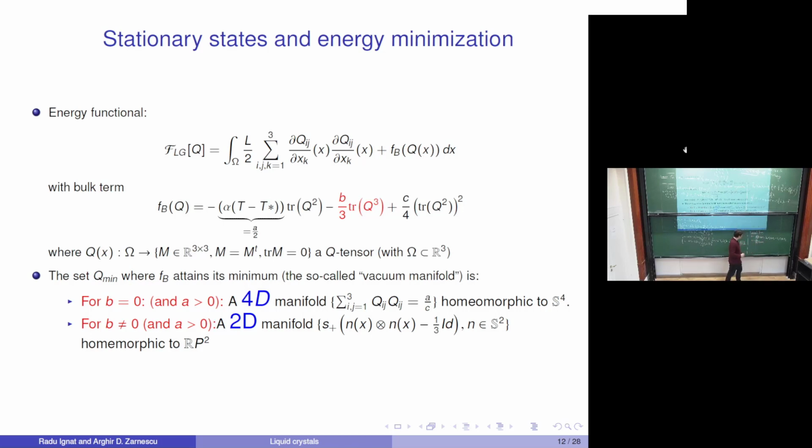So if you have two equal eigenvalues, you play a bit with these two pieces of information, and you see that you can write.